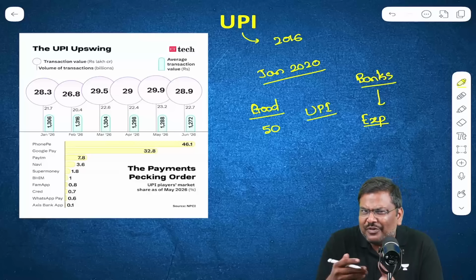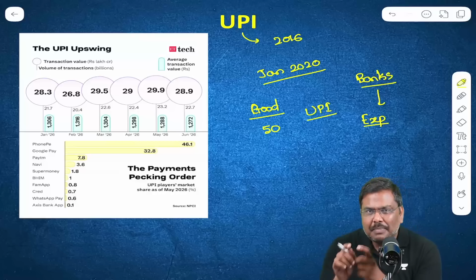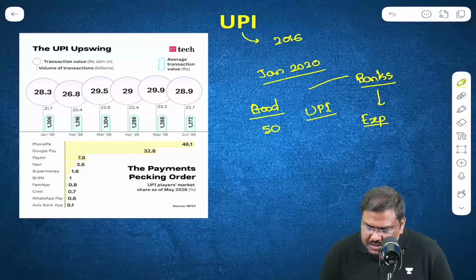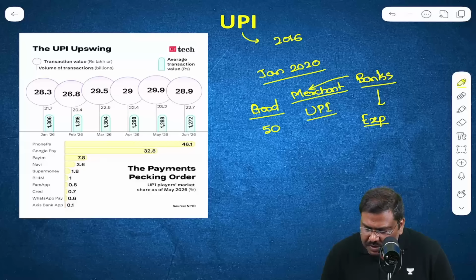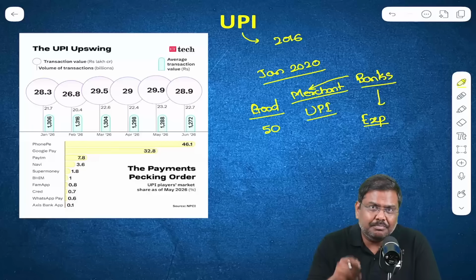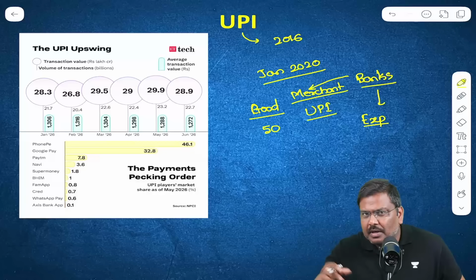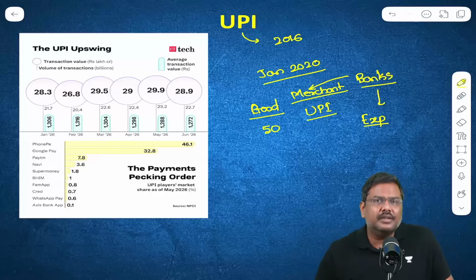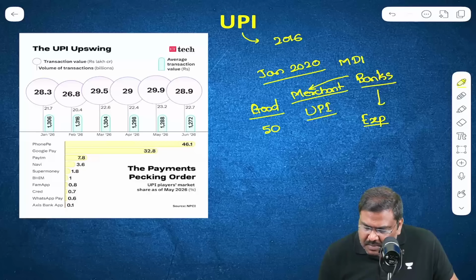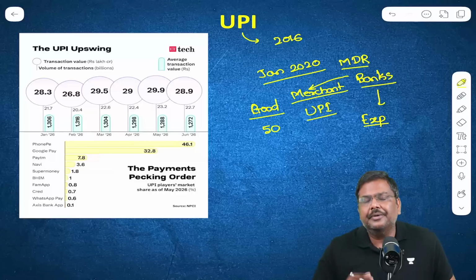And because nothing is free of cost in the economy, the banks would impose certain charges on the merchant, that is, a shopkeeper or anybody who is using UPI to collect payments, such as shopkeepers, showroom owners, etc. And this charge is known as merchant discount rate.